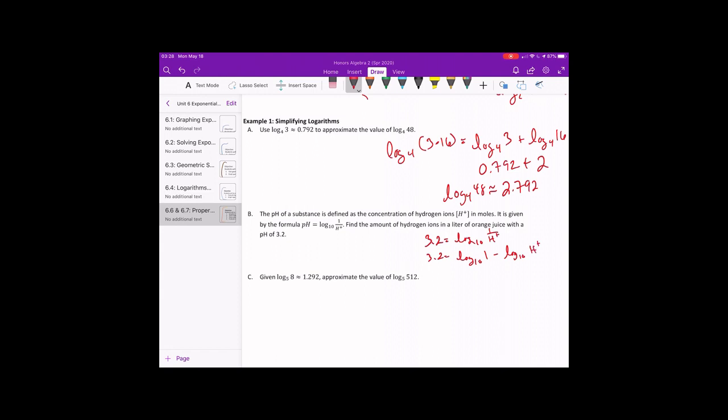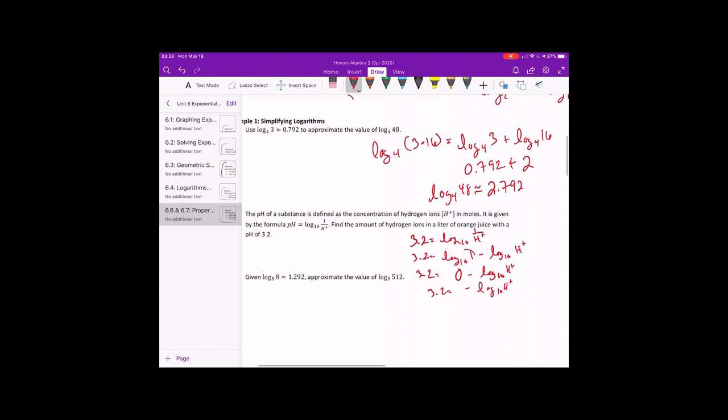And so I'm going to get 3.2 is equal to this is equal to 0, right? Because 10 to the 0 is 1, so 0 minus log base 10 of h positive. So 3.2 is equal to negative log base 10 of that. And don't forget the negative here. I already had the negative. 3.2 is equal to negative log base 10 of h positive.